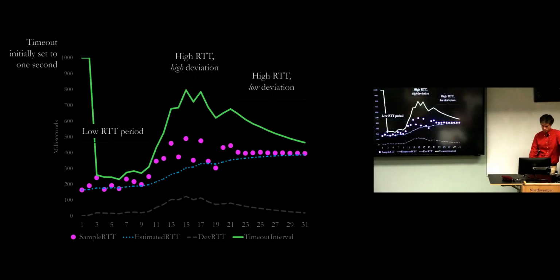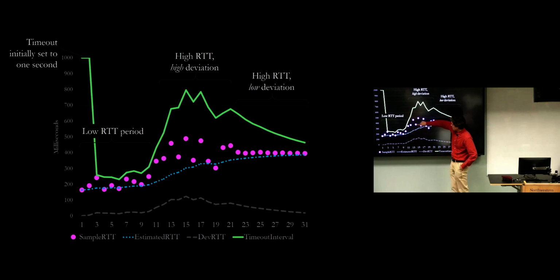Yes, sorry. What's this here? What's the dotted gray line? The dotted gray line is the moving average of the deviation in round trip time. So the way this is calculated is it's a moving average of the difference between these purple dots and the blue line, which is the moving average. Initially, they vary within a small range, and so we have a relatively small value.